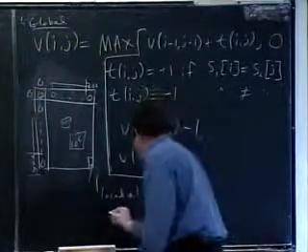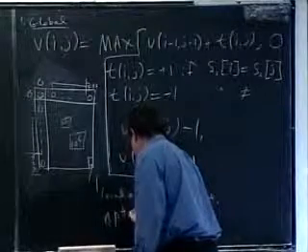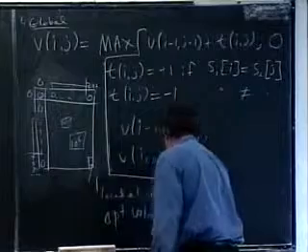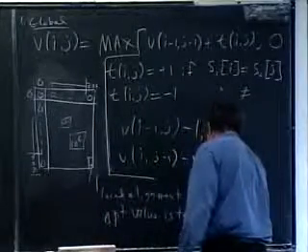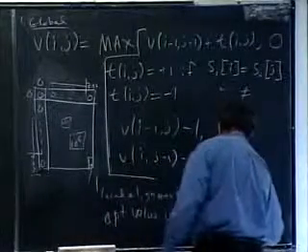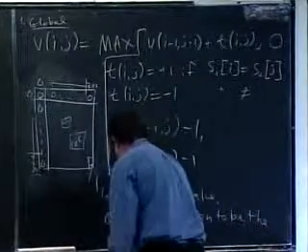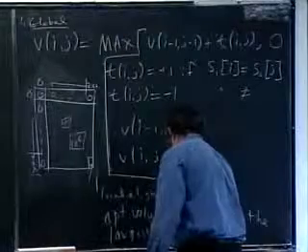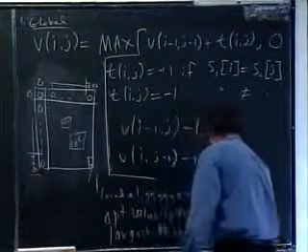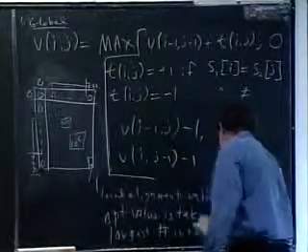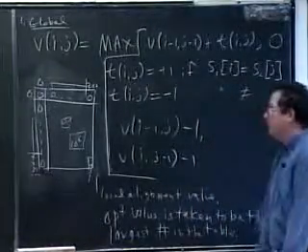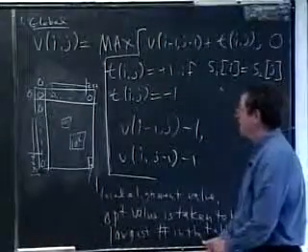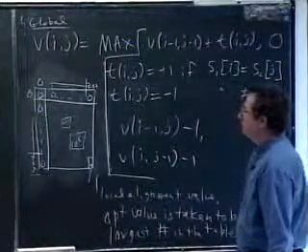So the optimal value is taken to be the largest number in the table. Okay? And that's where you get the value from.